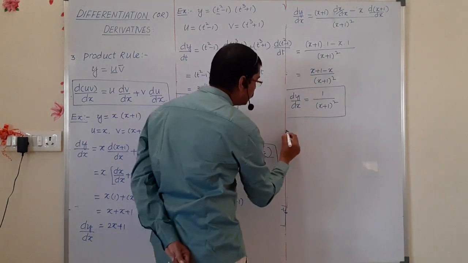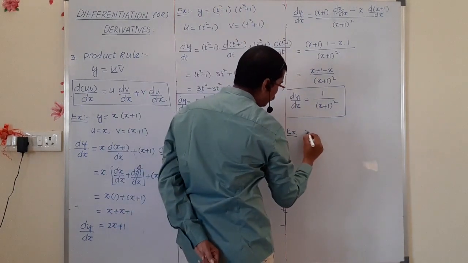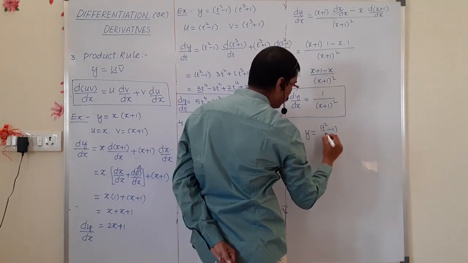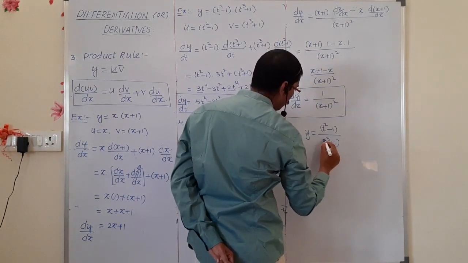Now if you take another example, the same example I am taking. y is equals to t square minus 1 divided by t cube plus 1.